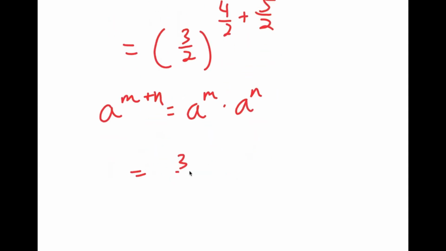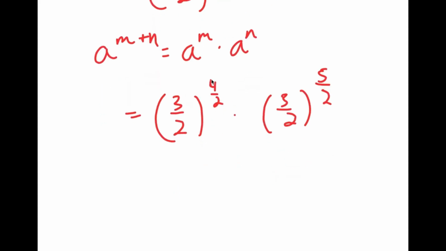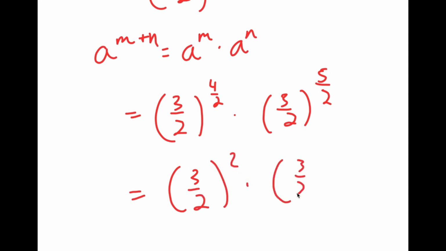So this is going to equal (3/2) to the power of 4/2 times (3/2) to the power of 5/2. Now 4/2 is equal to 2, so I get (3/2) squared times (3/2) to the power of 5/2.